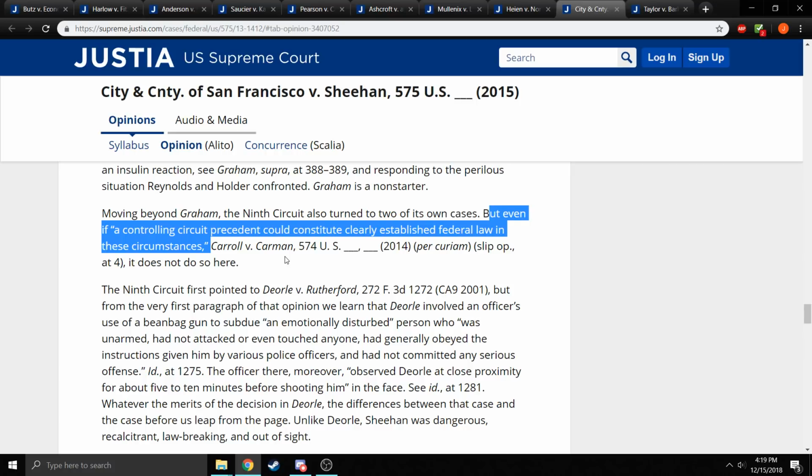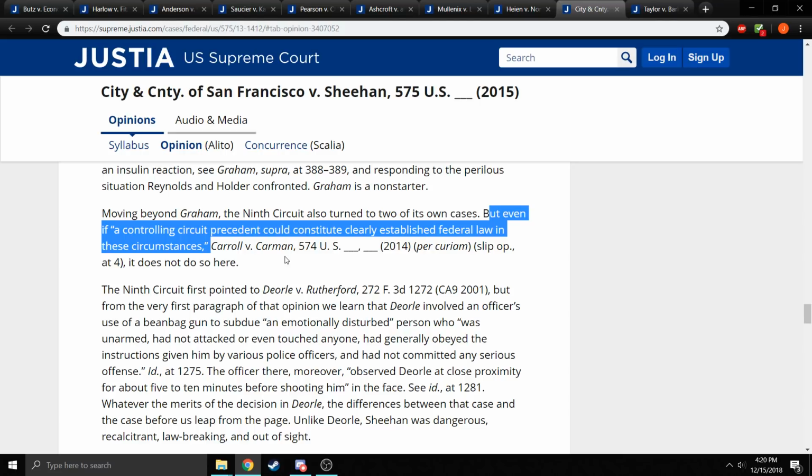I want to let that sink in a little bit. As far as qualified immunity, it is saying that there is a chance that controlling circuit precedent, like if you're in the First Circuit and you want to rely on Fordyce versus Seattle to pierce qualified immunity, you may not be able to.